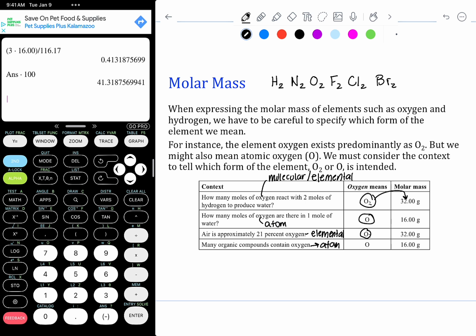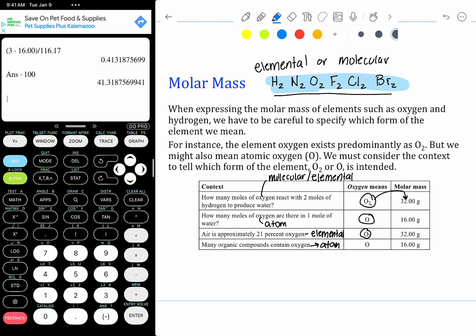So we have to be careful about which form we are talking about. If you see the word elemental or molecular, we are talking about the diatomic form. If it's contained in something, like contained in a compound, then we're talking about the individual atom.